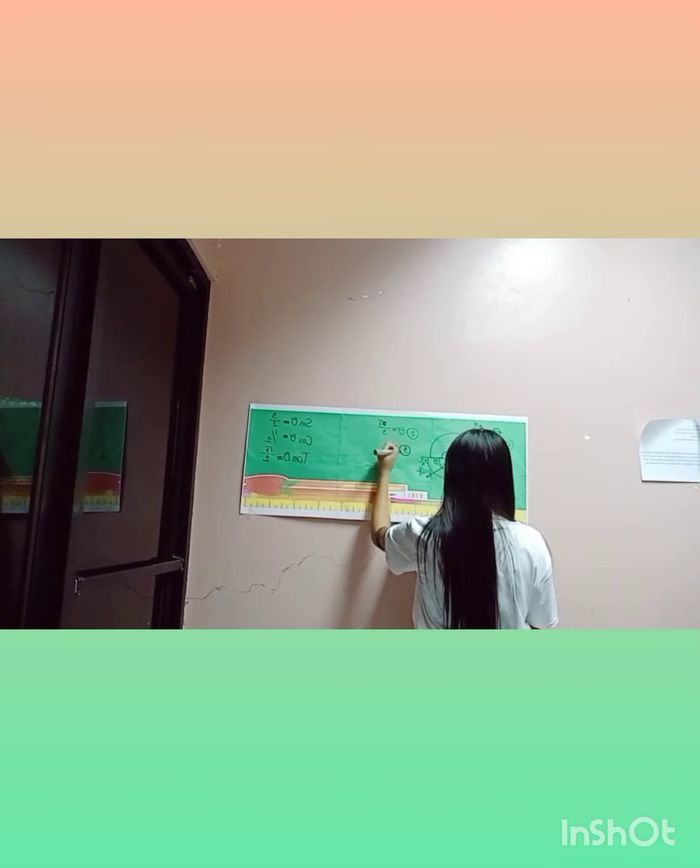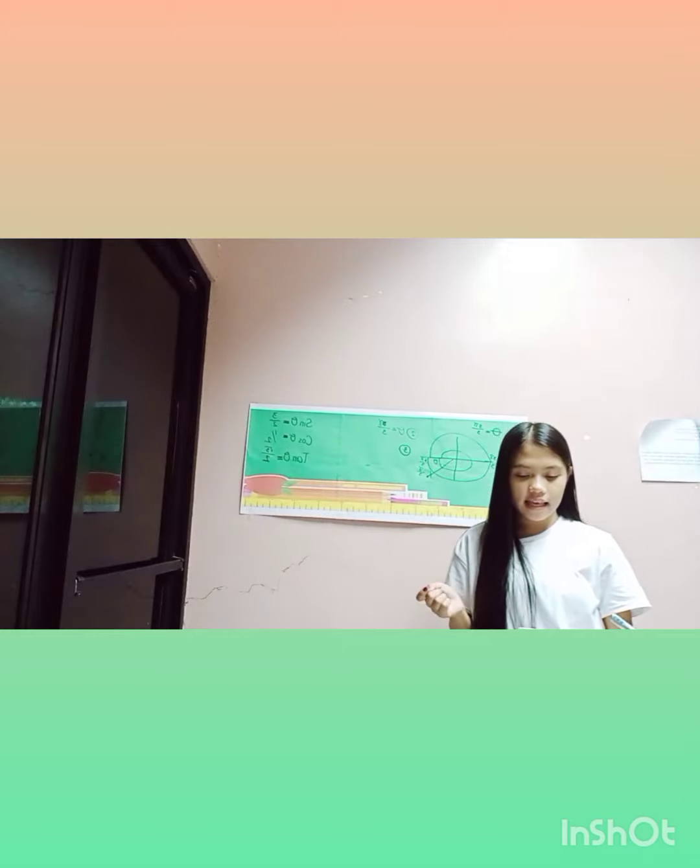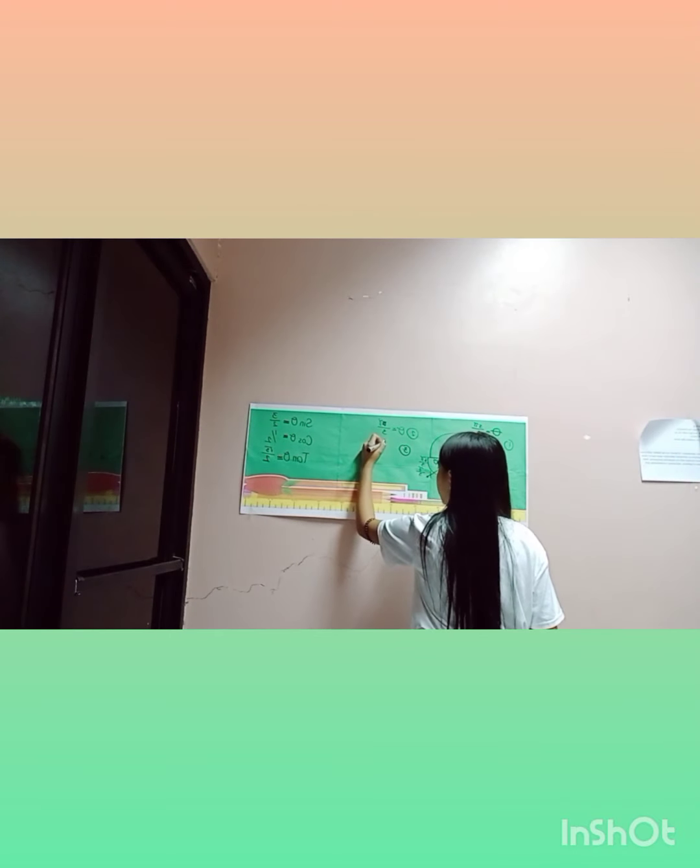Next is step 3, which is to find the point on the unit circle for our reference angle. Which quadrant? It is in the first quadrant.